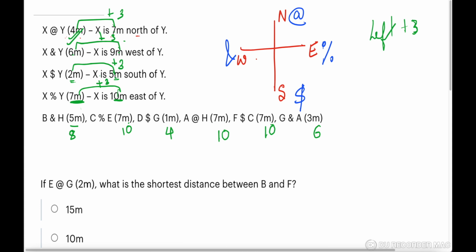Now you can easily solve this question. So how to solve it? Let's see. B and H 5 meters. So don't read it 5, read 8, because we have already decoded it. So BH. And means west, which means B is 8 meter to the west of H. Okay, so draw it over here.